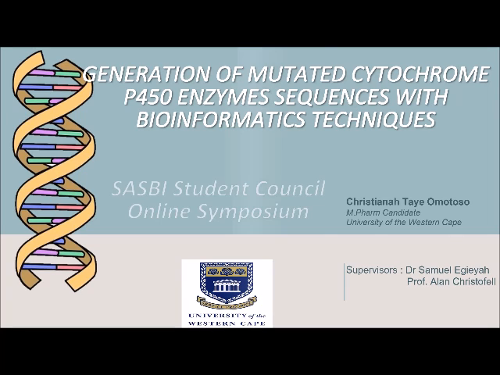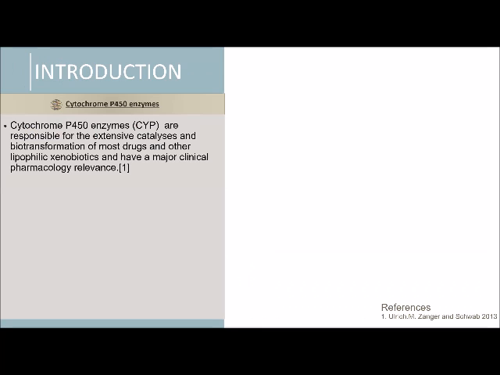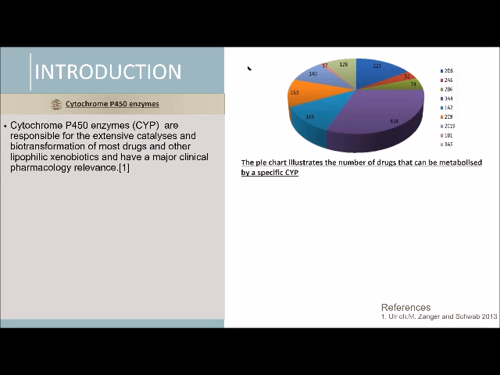Cytochrome P450 enzymes are responsible for the extensive catalysis and biotransformation of most drugs and other lipophilic xenobiotics, and they have a major clinical pharmacological relevance. As shown in the pie chart here, it indicates the number of drugs that have been metabolized by the different isoforms of cytochrome P450 enzymes.